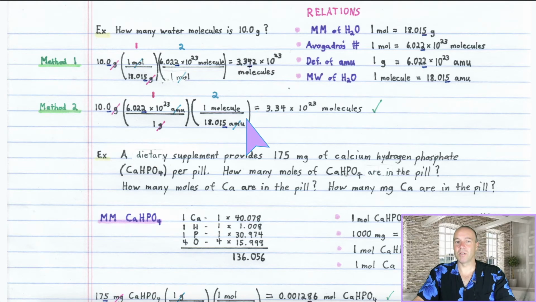And the atomic mass units cancel, and we're left with molecules again. And you can see that the calculation of the numbers is actually the same. 10 over 18.015, you can do them in any order, over 18.015 times Avogadro's number, and that's exactly what we did up here, and so we get the same answer, of course.